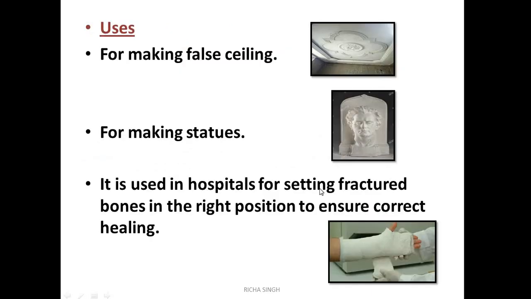Let's see the different uses. Basically, plaster of Paris is used for making false ceilings like this. It is also used for making statues, and in hospitals for setting fractures of bones to ensure correct healing, because it solidifies.